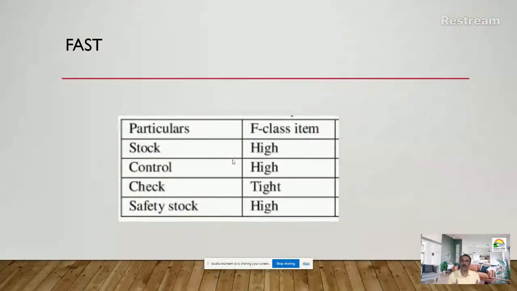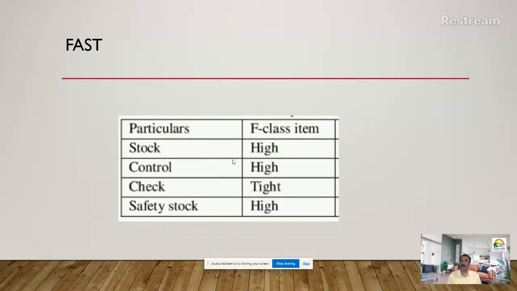You should not have any stock out or shortage of such items. So you can be liberal, at the same time you should have control. Because you have a lower profit margin, you should regularly check whether it's fast moving, because today what is moving fast, maybe after a few weeks or months it can become slow moving. In that way, some type of high control is required for fast moving items.